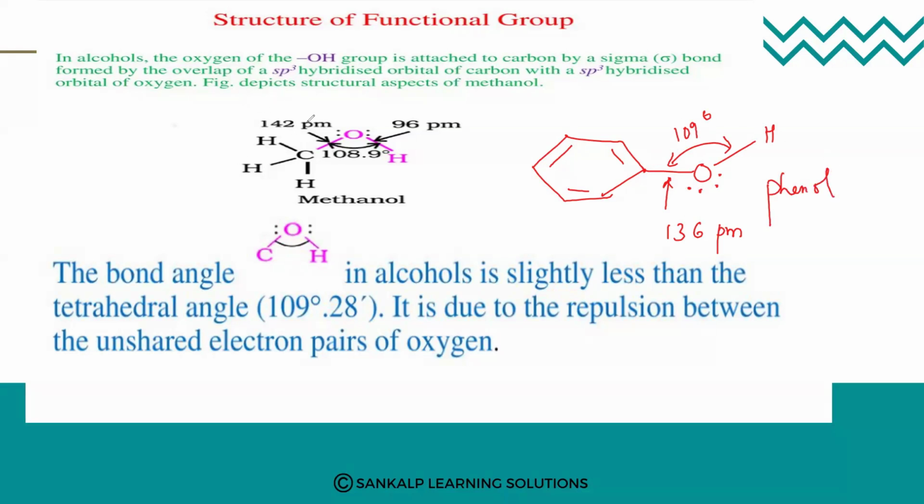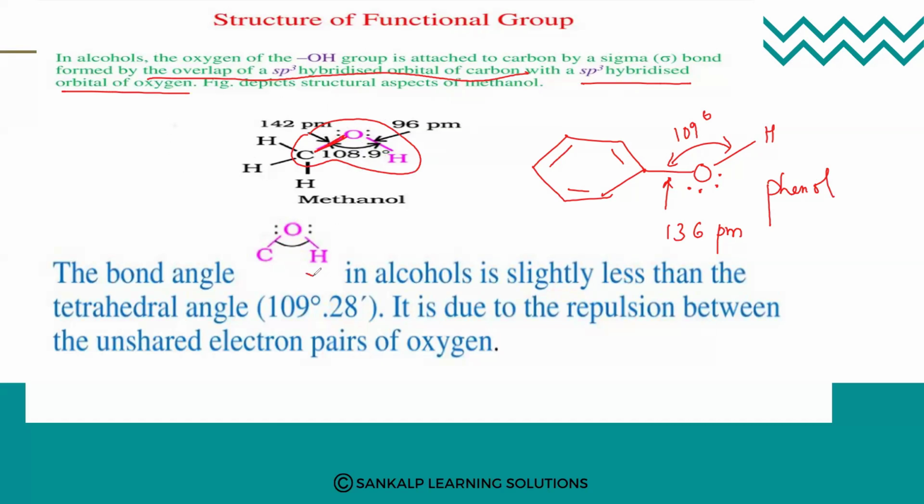In alcohols, the C-O bond is formed by the overlap of sp3 hybrid orbitals of the carbon with the sp3 hybrid orbitals of the oxygen. The C-O-H bond angle is slightly less than the tetrahedral angle.